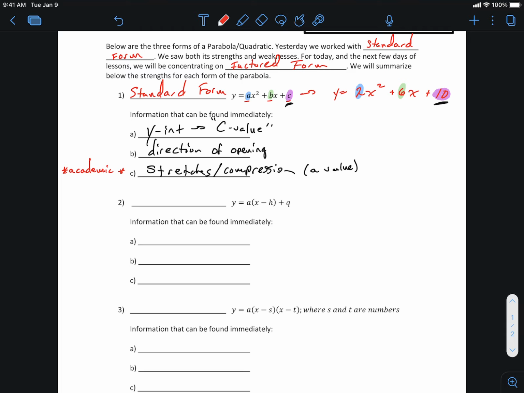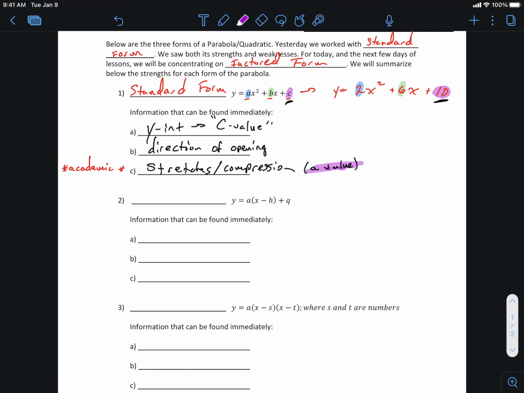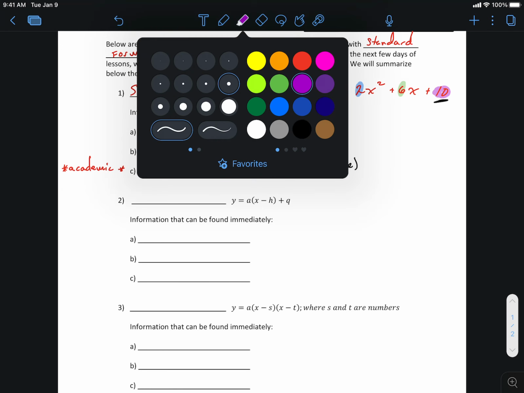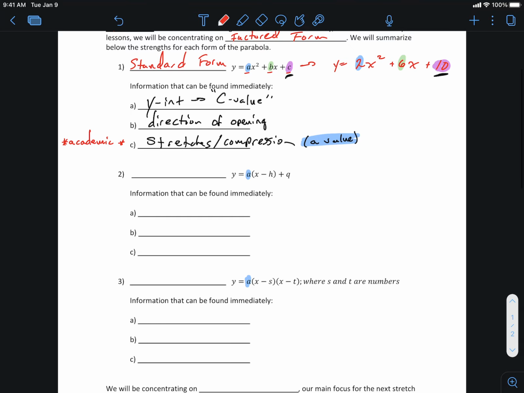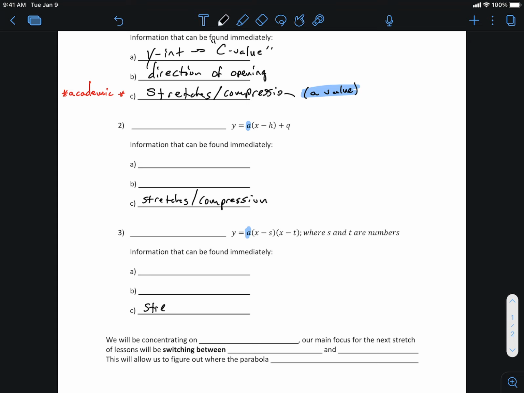Because it's the A value, and I'll use blue for that, and the A value appears in all of these, in your list, you can always write stretches. This doesn't mean anything to you right now, but it will when we get through this course, the whole way down.